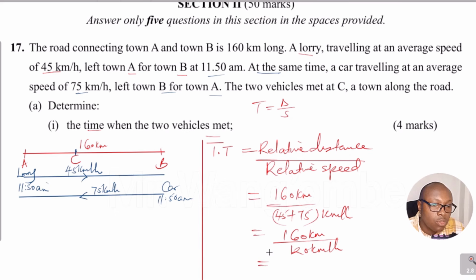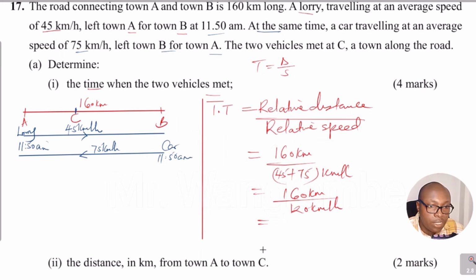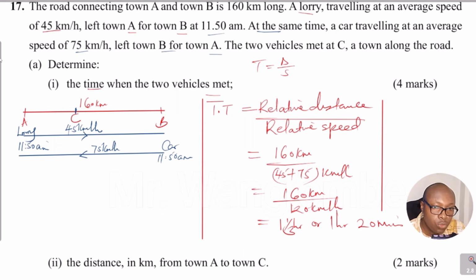So 160 kilometers divided by 120 kilometers per hour will give the answer in terms of hours. So 160 divided by 120 gives 1 1/3 hours, or you can write it in terms of hours and minutes. So this is 1 hour and 20 minutes. That is the time taken to meet.